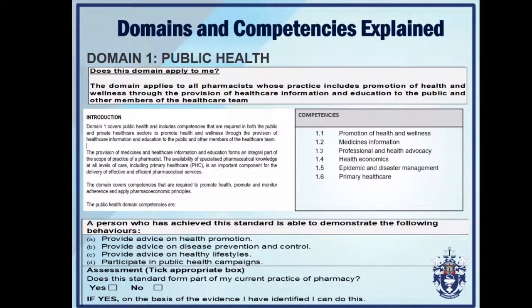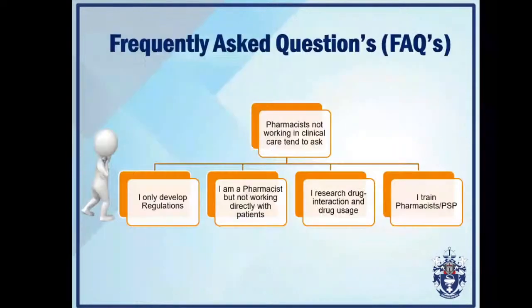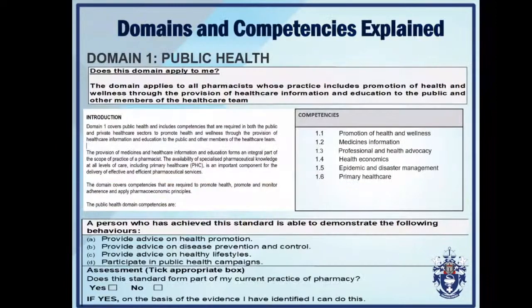So in order for you to know what competencies you are required to be competent in: the promotion of health and wellness, medicine information, professional and health advocacy, health economics, epidemic and disaster management, as well as primary health care.